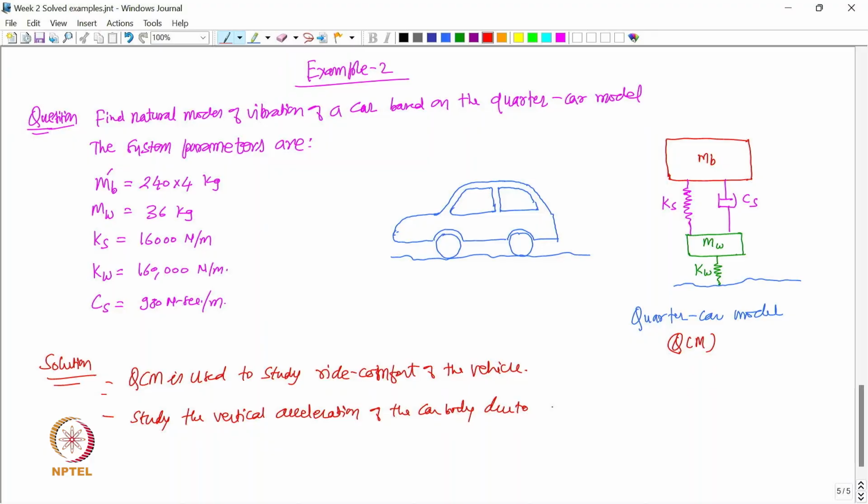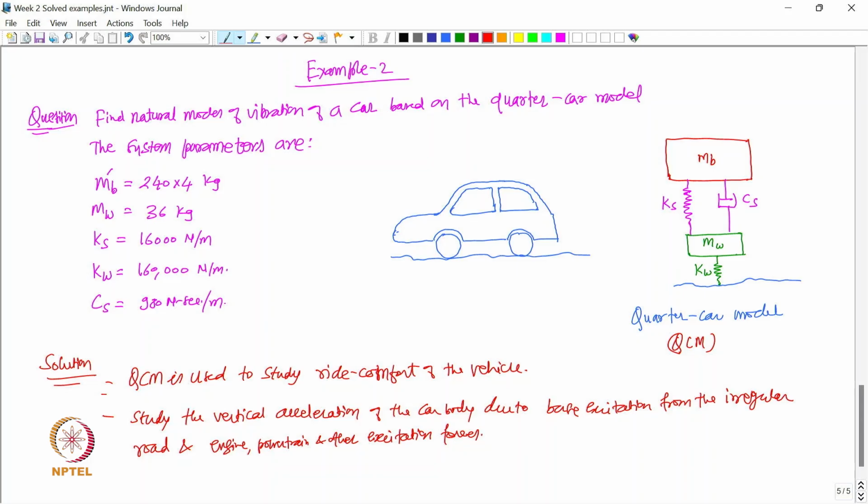So, due to base excitation from the irregular road, and engine, powertrain and other excitation forces, that is what we wish to study using this model.